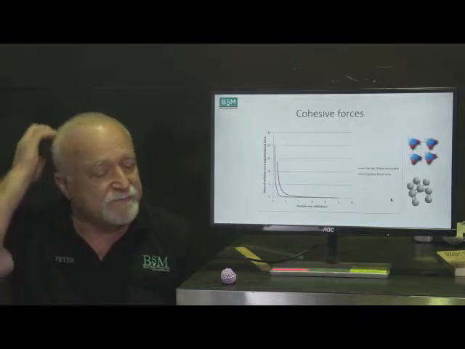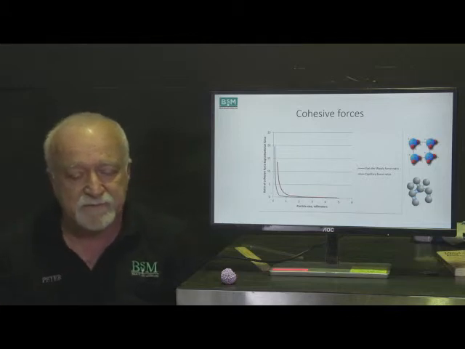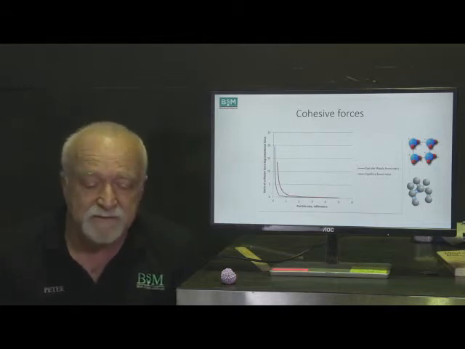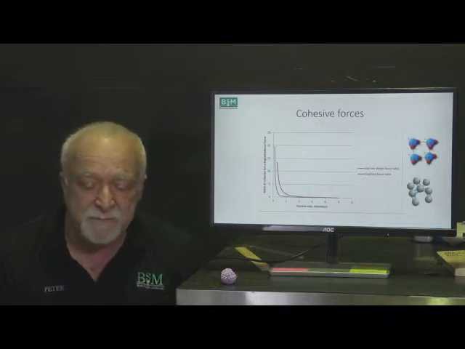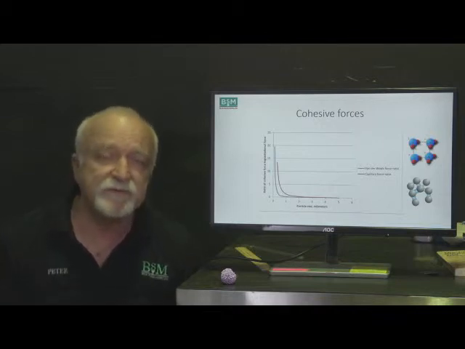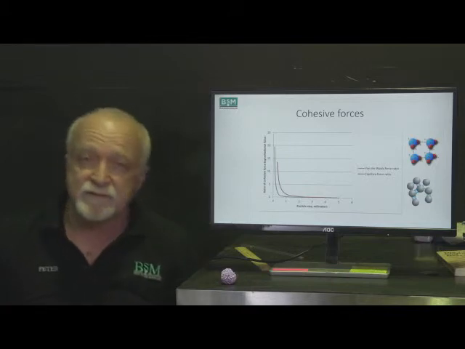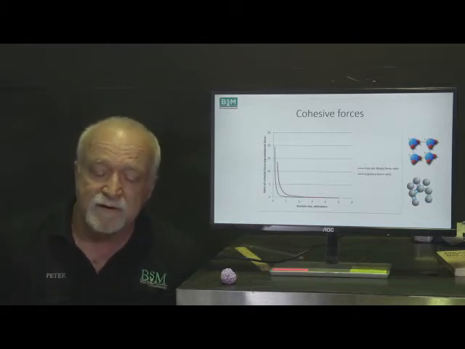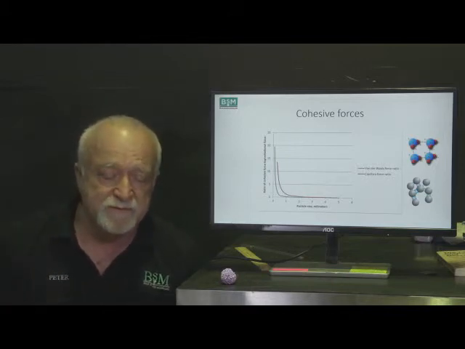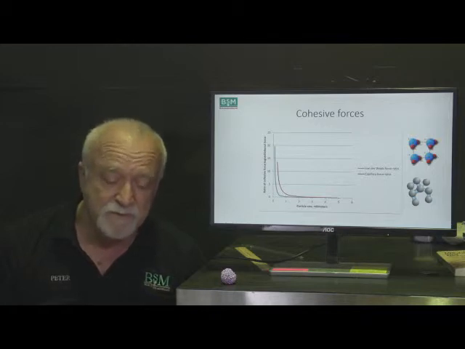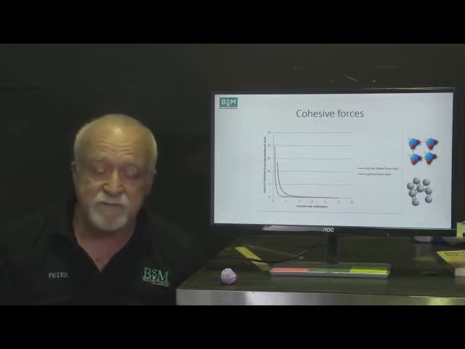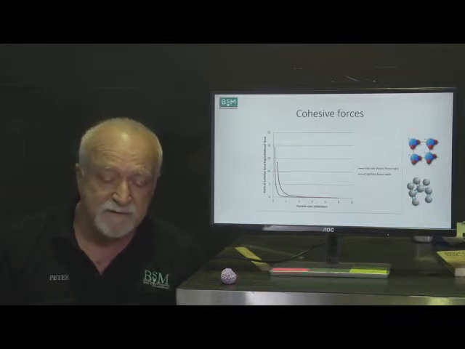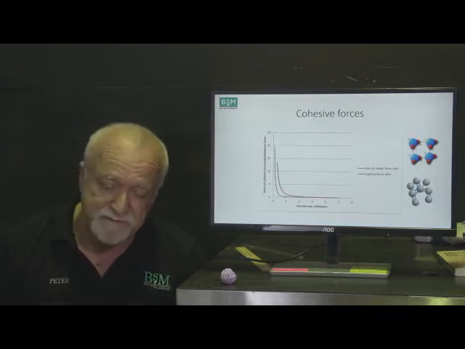Now let's look at cohesive forces in granular systems. We've got two basic cohesive forces. We've got the van der Waals force, which is due to molecular interactions at the surface of particles. And we've got capillary forces due to the liquid, to the water in the system. We can calculate these forces. There are formulas for calculating these for perfect systems.